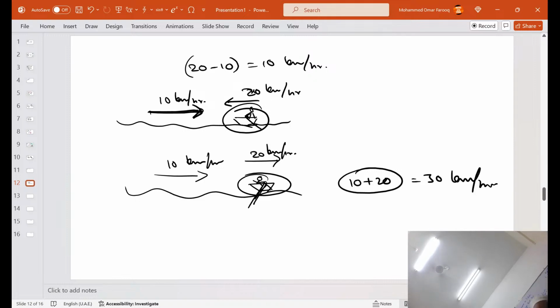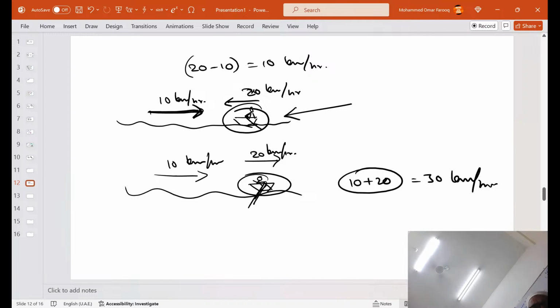Now, since he has not given the speed of the boat, should it be less than the speed of the stream or greater than? Can anybody give me the answer? Yeah, greater.